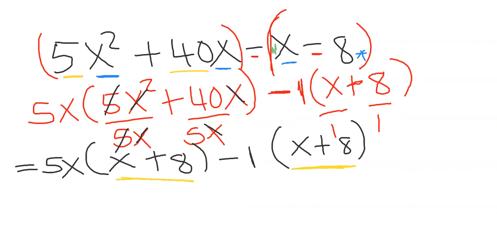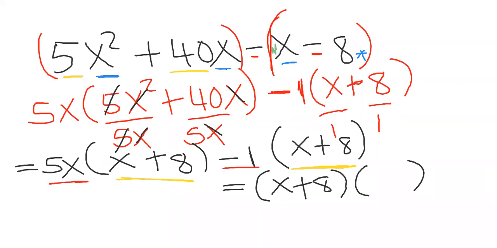So the last thing that we do is take that set of brackets that is the same, put it here, then open another set of brackets and put what is remaining outside our brackets, which is 5x minus 1. And that's it.